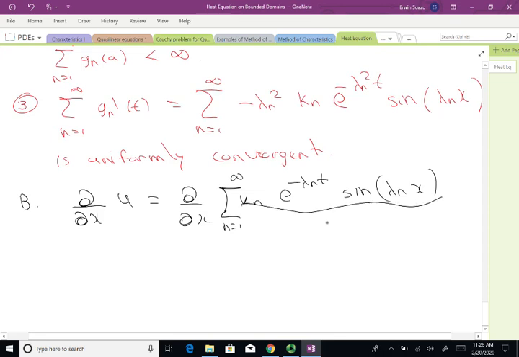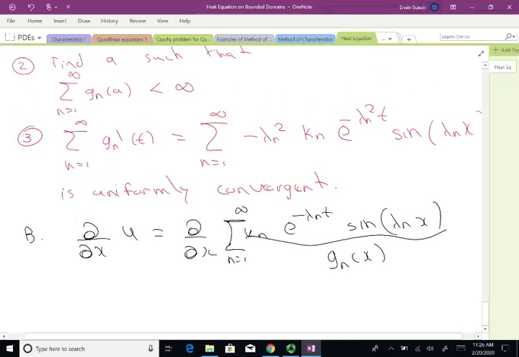In this case, this is your g sub n of x. So we have to do 1, 2, and 3.